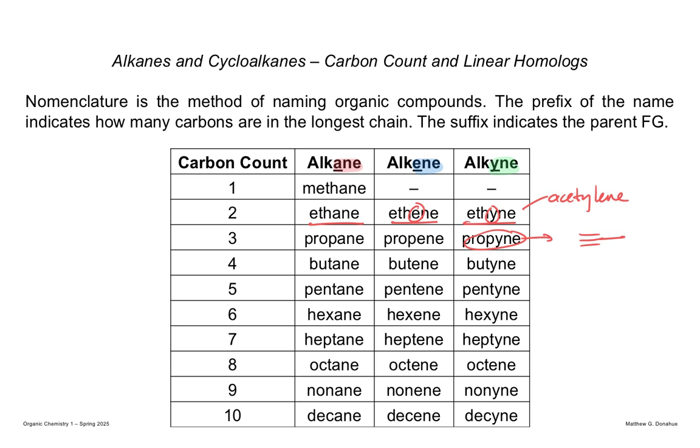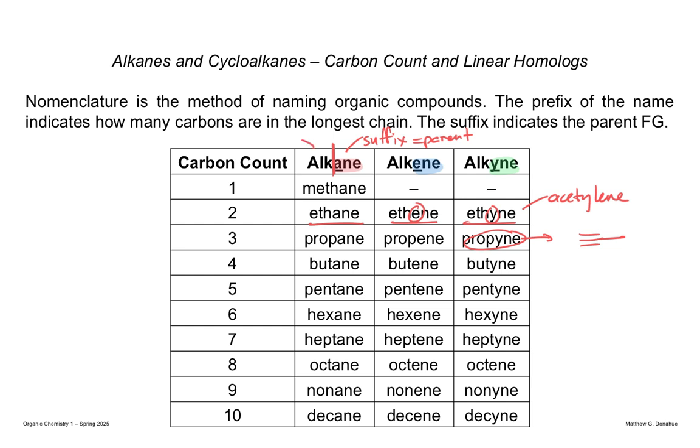So that's fairly straightforward, but keep in mind of all the functional groups that you've learned, there's nomenclature for all of them. But the suffix, so I'm going to draw a line right here. In the rules, the suffix is telling you the parent functional group.